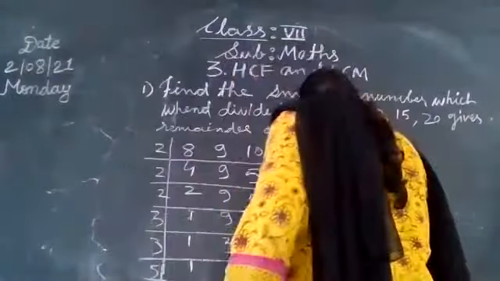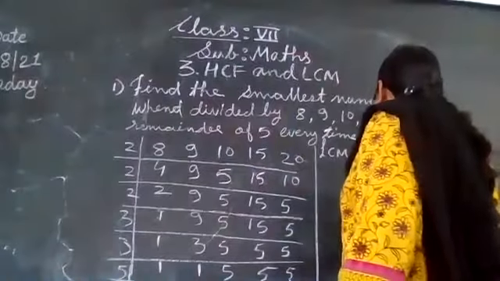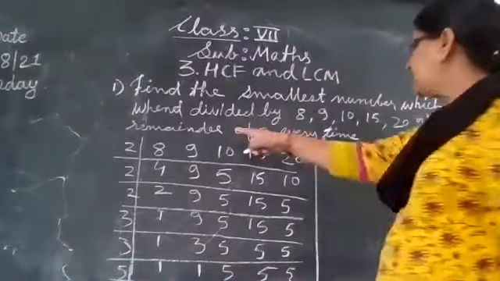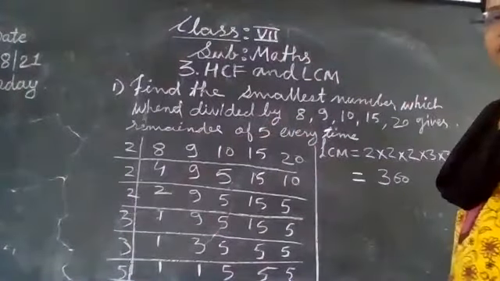It is 360. So LCM of all these 5 numbers is 360. But what is the question, beta? Every time it leaves the remainder 5. So that means what?